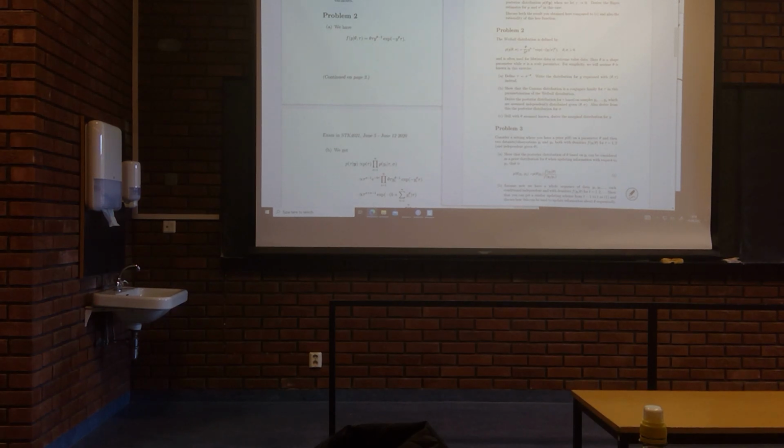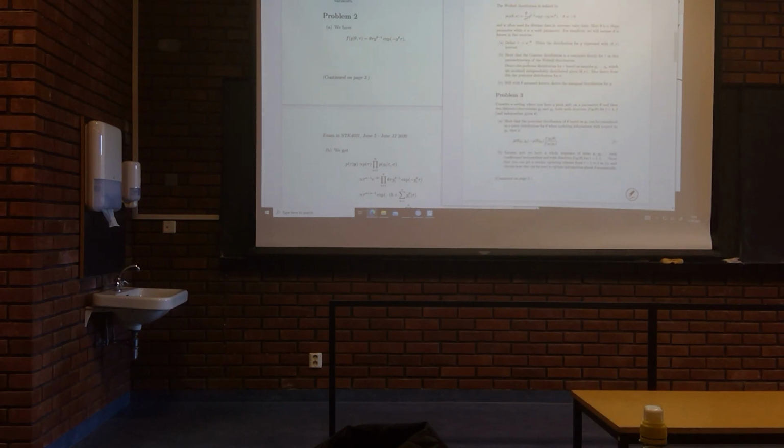We see that this 1 over sigma theta is exactly equal to tau, so we get theta times tau instead, and then we also have 1 over sigma theta within the exponential function, so we get the exponential of minus y to the power of theta times tau.